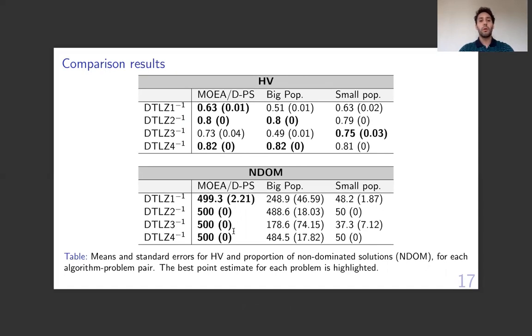It performs well in all 4 functions, while the other MOEAD variants perform well depending on the problem. In terms of non-dominated solutions, we can see that MOEAD PS finds a higher value in any case, with almost 100% of the solutions being non-dominated.